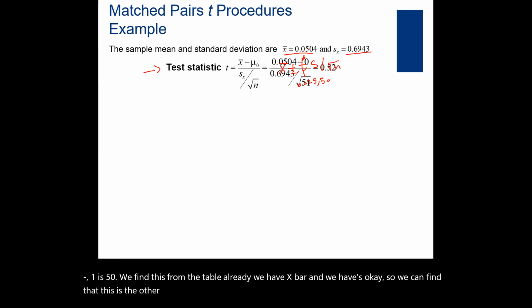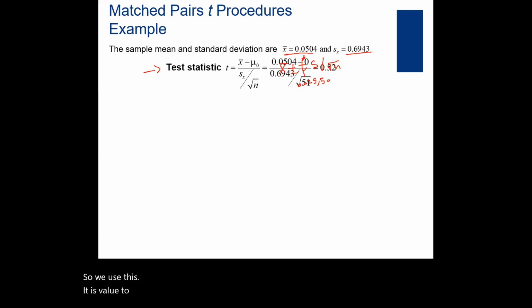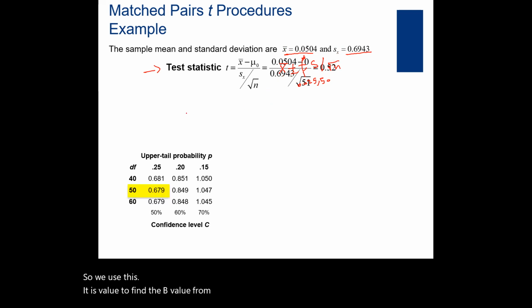We find the test statistic, which is 0.52. So we use this value to find the p-value from the table.